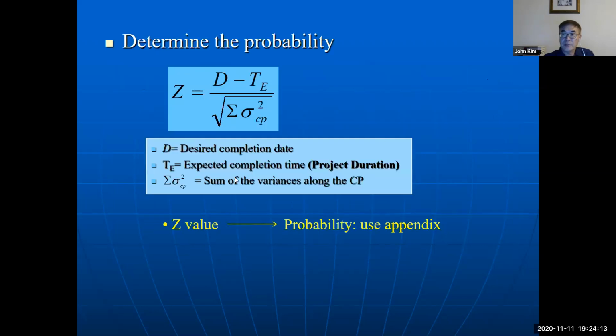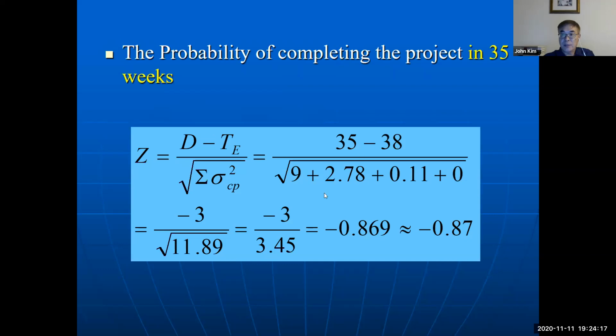And then plug in 35 minus 38 divided by the square root of the variances on the critical path. And then negative 3 divided by the square root of 11.89 equals negative 0.869. So approximately negative 0.87.